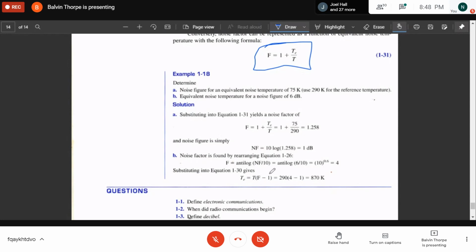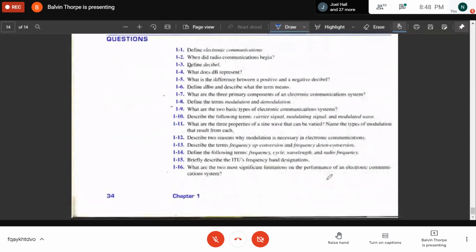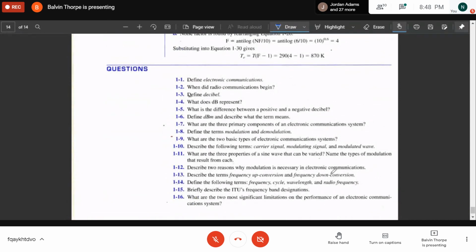The rest is self-explained. These are some questions that you could pose and ask yourself as a guide for understanding, okay? Any questions? No? Then that is where we're going to leave it, especially for noise.